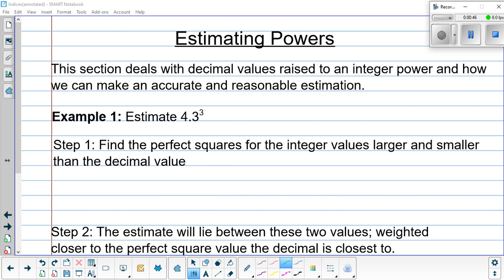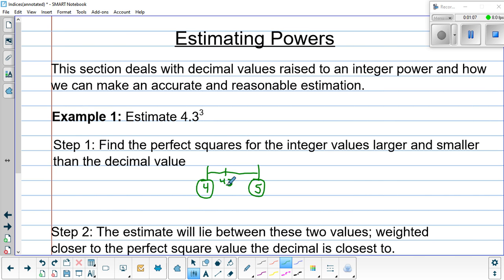The way we do this, if we look at example 1, we have 4.3 squared. If we have a number line with the values 4 and 5, and here's 4.3, we want to find the square of 4 and of 5, the numbers that are sandwiched between.